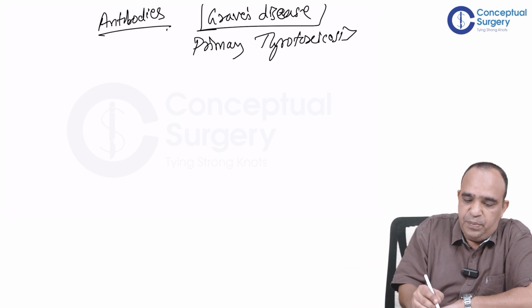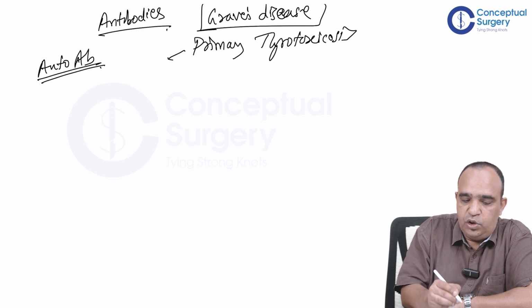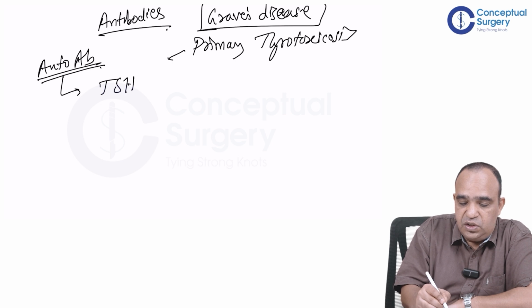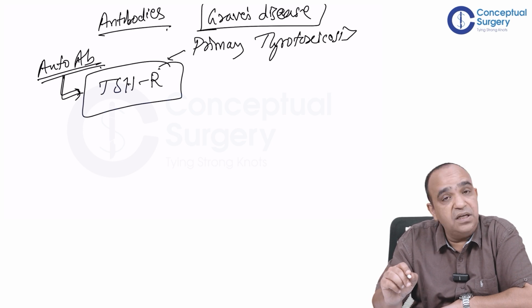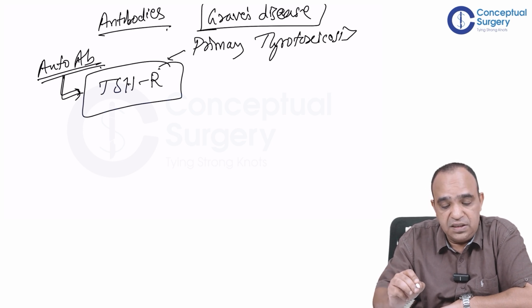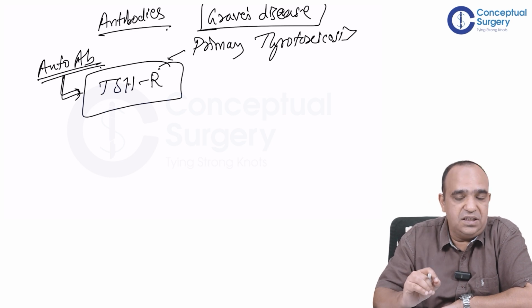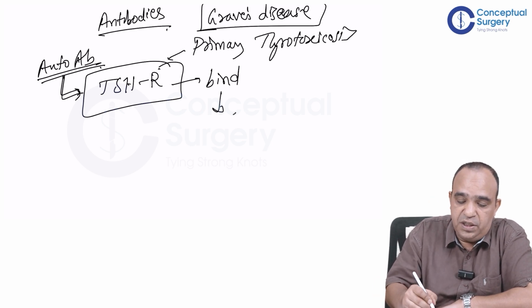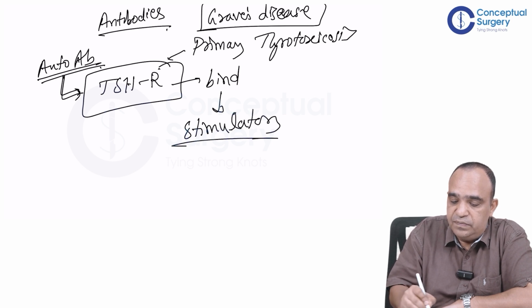Now, what is the primary cause? Autoantibodies. What autoantibodies? Against the TSH receptors. This is the antibody which is seen in Graves. Autoantibodies against TSH receptors.